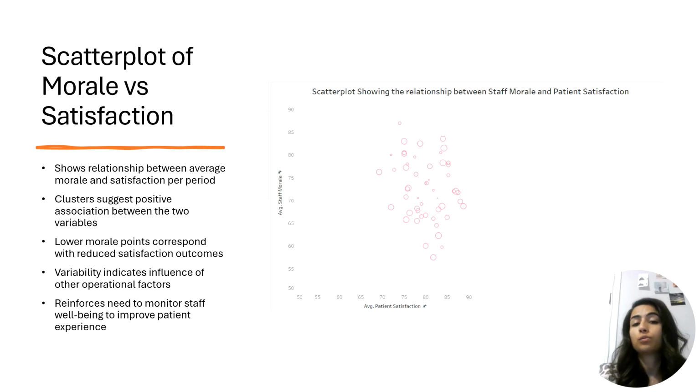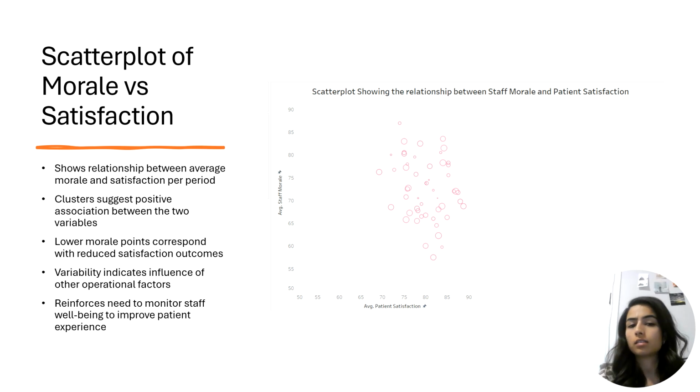What we immediately notice is a general uptrend, meaning that as morale increases, patient satisfaction tends to increase as well. There are several clusters of points where high morale clearly aligns with better satisfaction scores. On the other hand, the points with lower morale values are the ones where we notice lower patient satisfaction.